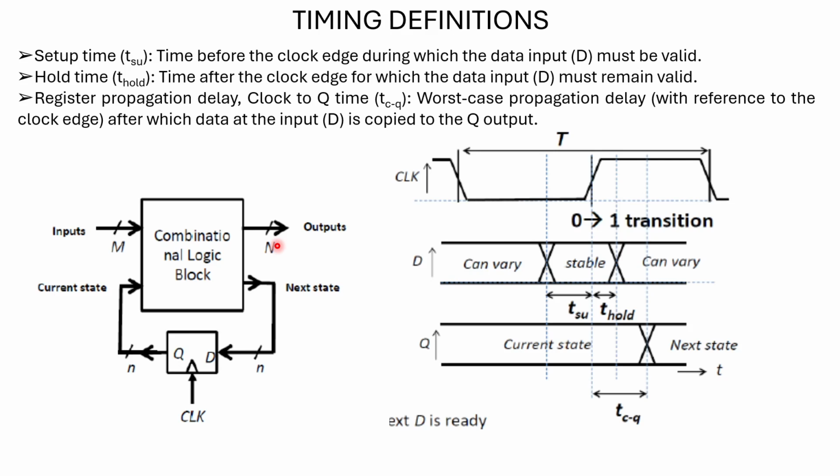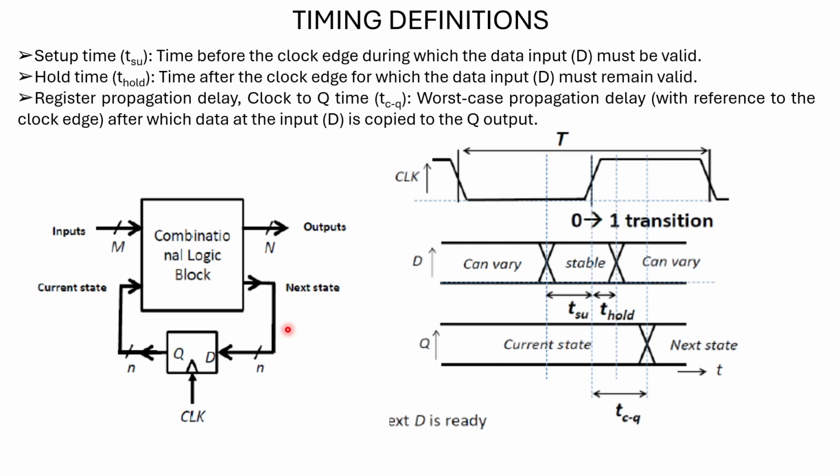And there is also a constraint on the contamination delays. I have a contamination delay for some combination of inputs, which leads to the contamination delay of the logic block, and I have the contamination delay of logic plus the contamination delay of the flip-flop. Now D can vary this next state, but the next state should not be varied before the hold time.